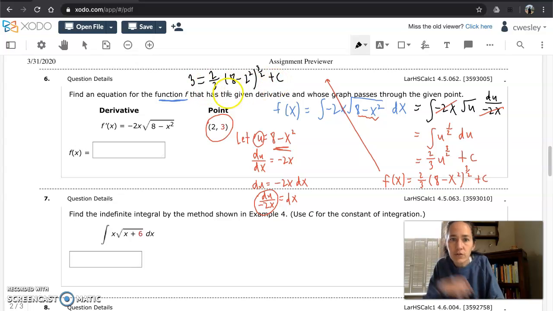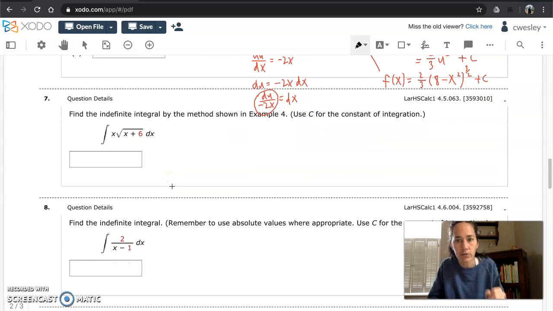Just carefully in your calculator, plug this in. When this whole thing gets typed in, I would just make sure it's an exact value and then subtract it from the 3. Then your final answer is f of x with that c plugged in. So that should help you get c to have a final function.